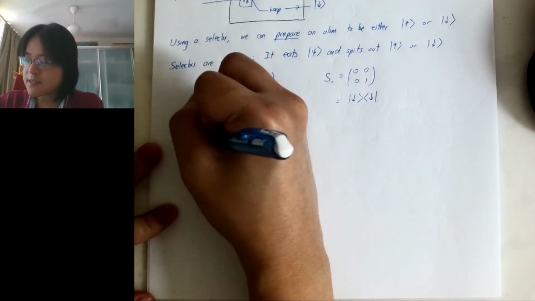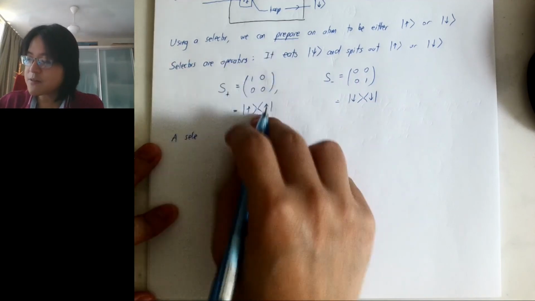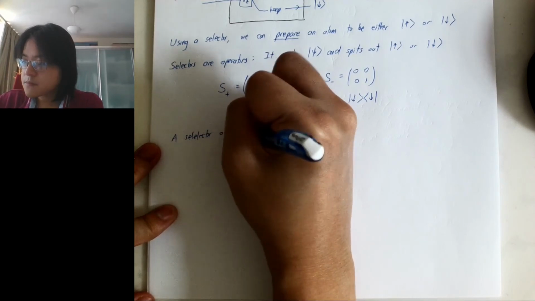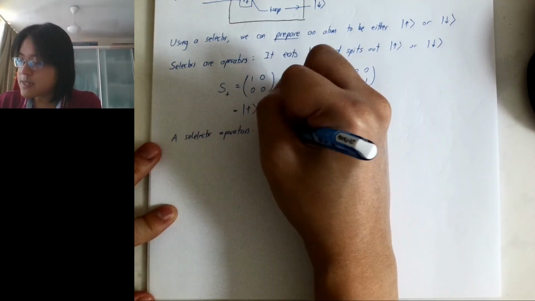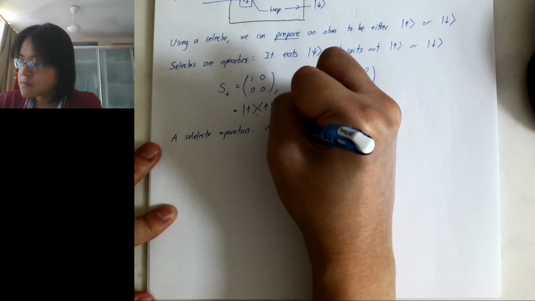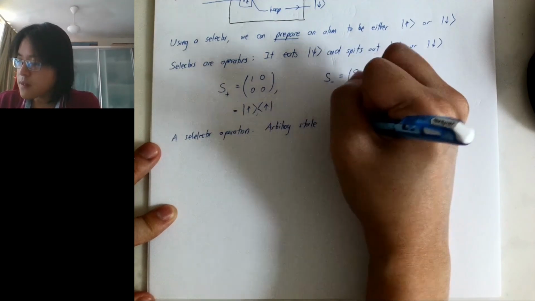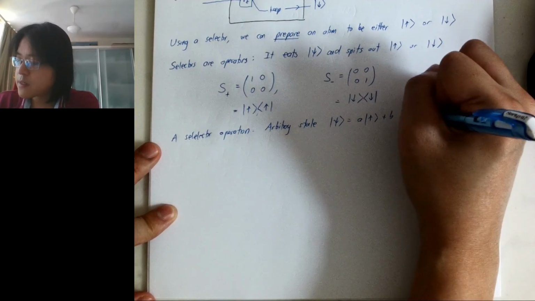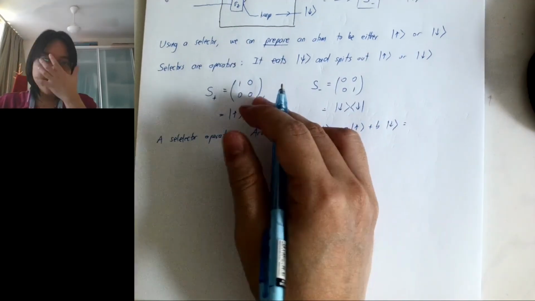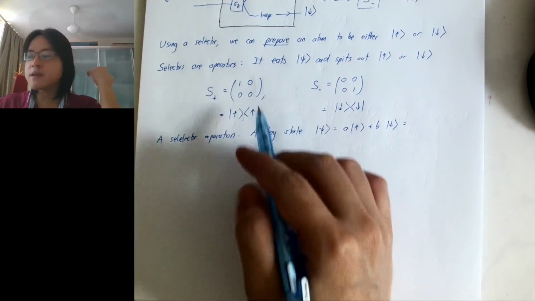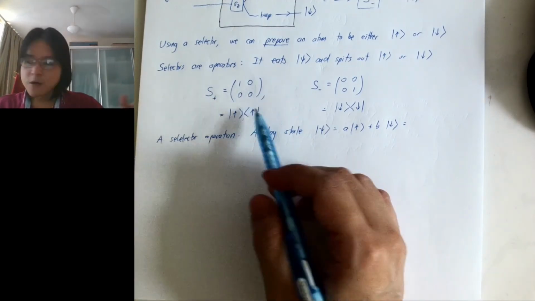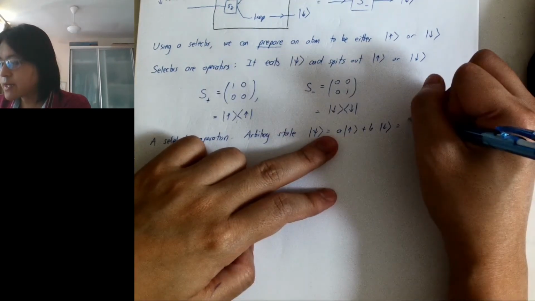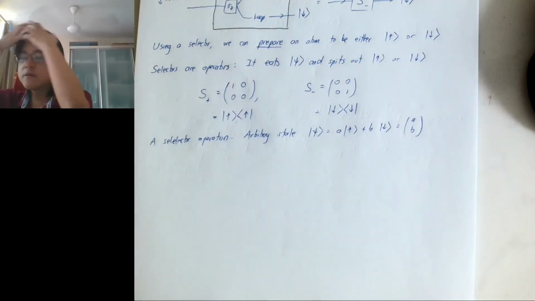But basically, let's look at the selector operation, right? Let's check how this works. Let's take an arbitrary state, psi, to be A up plus B down. Just to make sure everyone is used to it and practice our bra-ket, we do it in two ways. I can write this in bra-ket form, or in the column vector form, right?